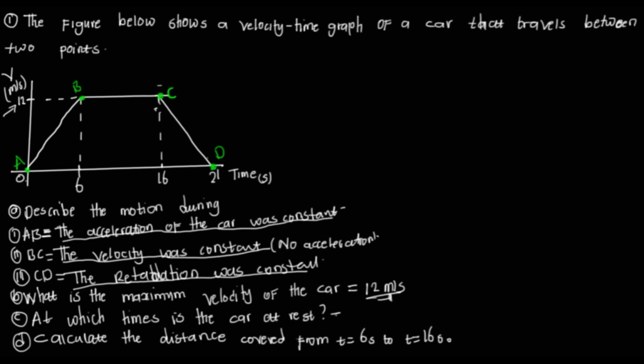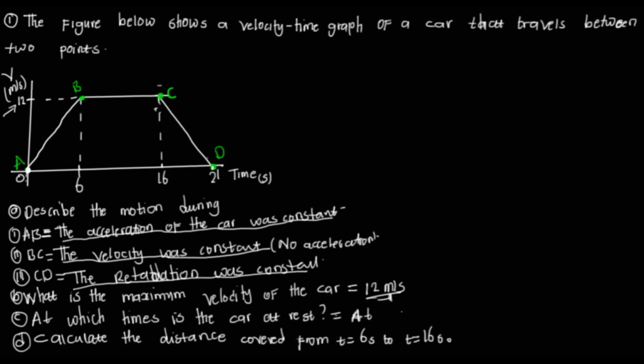Then the other question is, at which times is the car at rest? To identify when the car is at rest, the velocity must be 0. At point A we can see that the velocity is 0. Even at point D the velocity is 0.